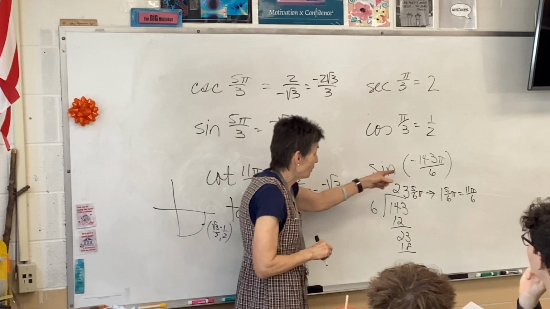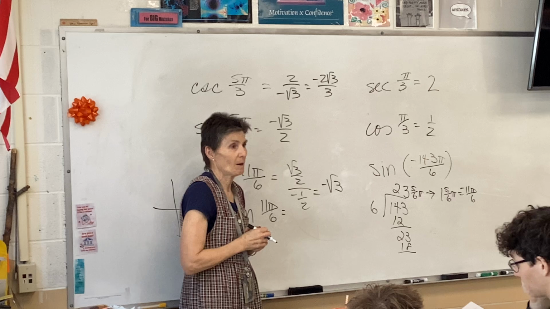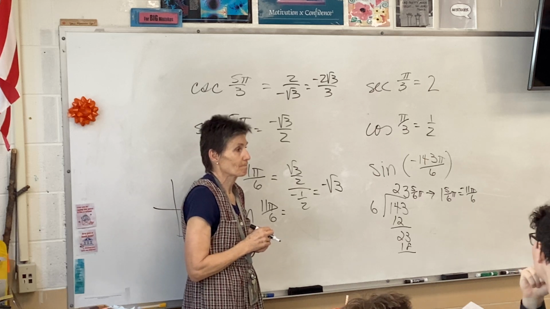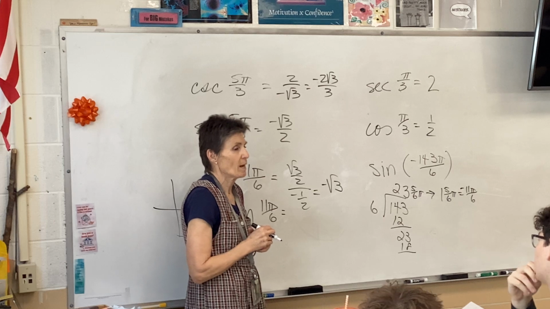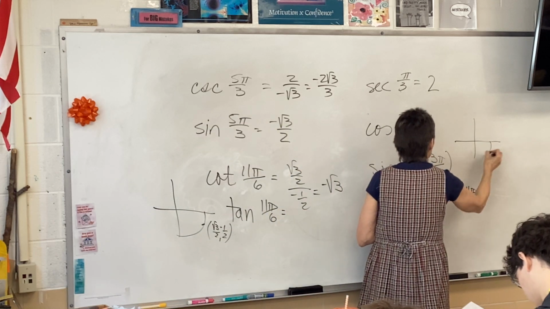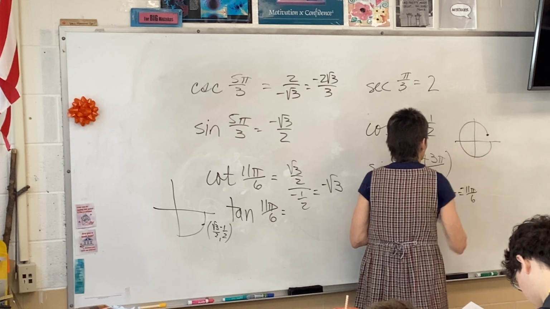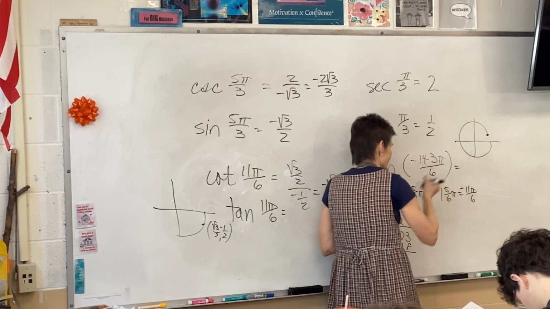Now be careful, it is negative. So it's negative 11 pi over 6, which puts me where? At pi over 6. And the sine of pi over 6 is?